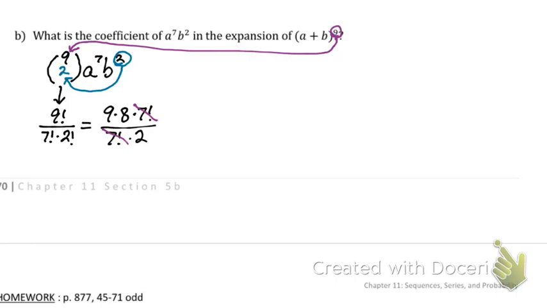You could go a little further and say that 2 will cancel out with that 8, and that 8 will become a 4. So it really is just 9 times 4, which is going to equal 36. So this is definitely one you don't need a calculator for. This could fall into the you cannot use your calculator at all. You have to determine what's the coefficient of a to the 7 b squared.